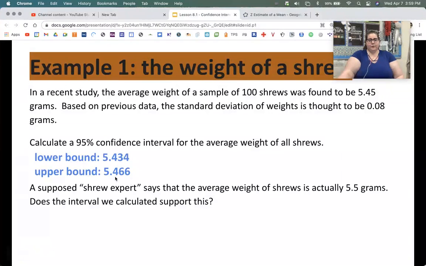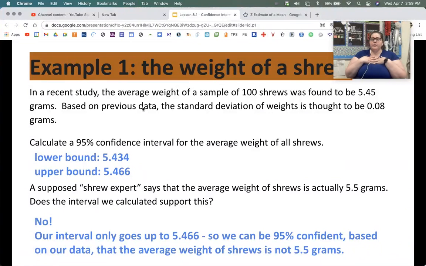So based on my interval, the true average is somewhere between these two numbers. We can say no, my interval does not support that, because our interval only goes up to 5.466. He's saying it's 5.5. Our interval does not include 5.5. So we can be 95% confident that the average weight of shrews is not what he says it was, that it's less than that because our interval is less than that.